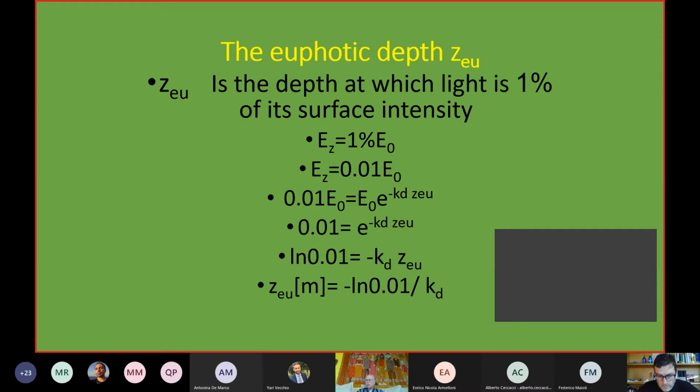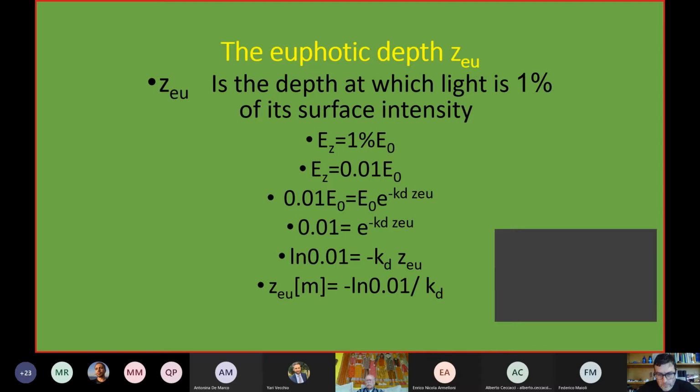By the way, 1% is still enough light for you to read a book. But if we move to Lake Kinneret, for example, in fall, after the algal population used most of the nutrients and it collapses, the euphotic depth is about 20 meters.